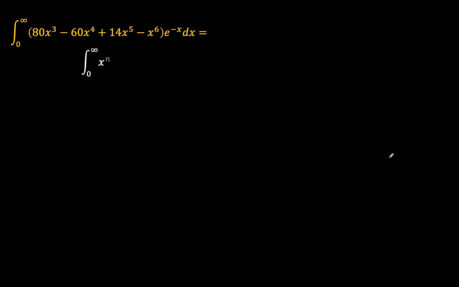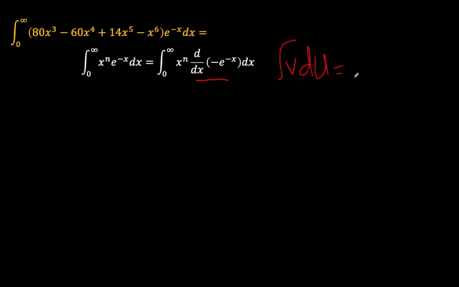If we have x to the power n times e to the power negative x, e to the power negative x can be expressed as the derivative of negative e to the power negative x. Using integration by parts, where the integral of U dV equals UV minus the integral of V dU, here dV is e to the power negative x dx, V is negative e to the power negative x, and U is x to the power n.